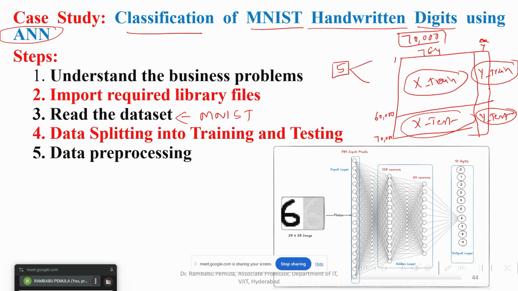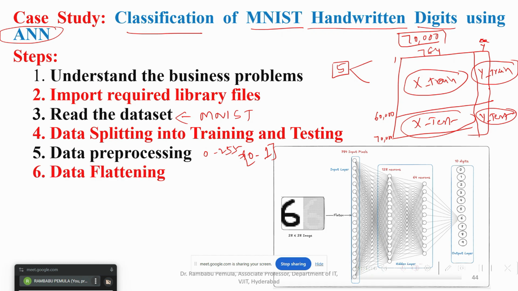Then you have to perform the data pre-processing. What is the meaning of data pre-processing? If any missing values are there, you replace them with the maximum, minimum or average value, or you convert the 0 to 255 pixel values into values between 0 and 1. This is one type of data pre-processing.